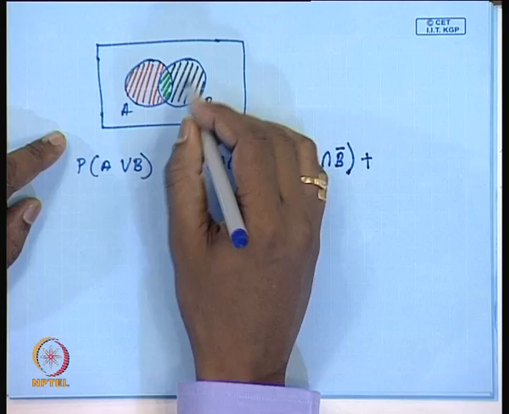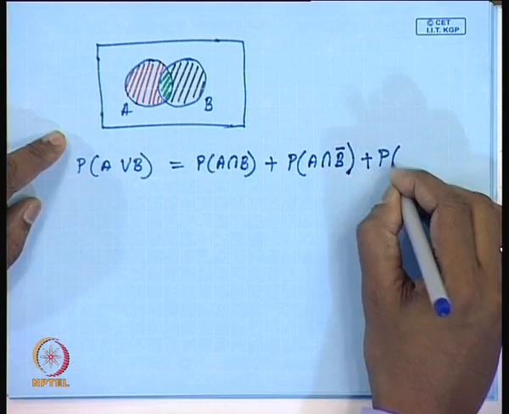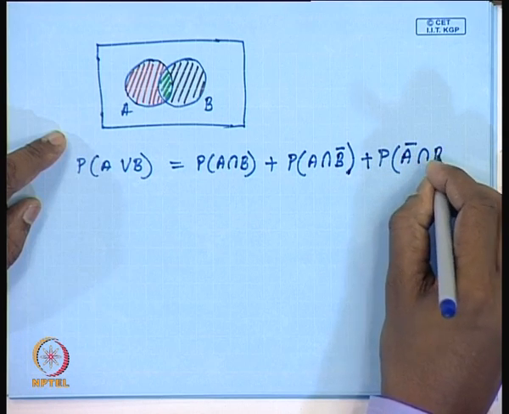Plus, similarly, this black shaded area, which is probability of A complement intersection B.